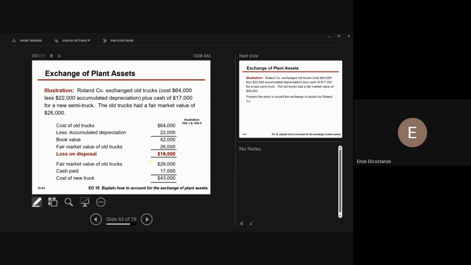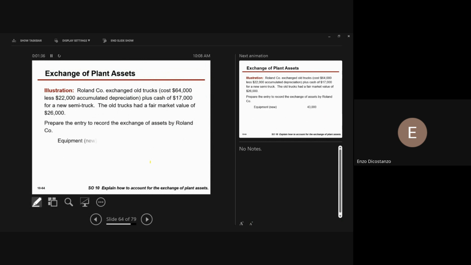Okay, so you have a cost. You took out the depreciation. You have the book value. You have the market value. Okay, so you exchange something that had a book value of 42 for something that was 26, and then more cash was 43. So the cost of the new truck was the fair market value of the old truck plus what you threw in in terms of cash.